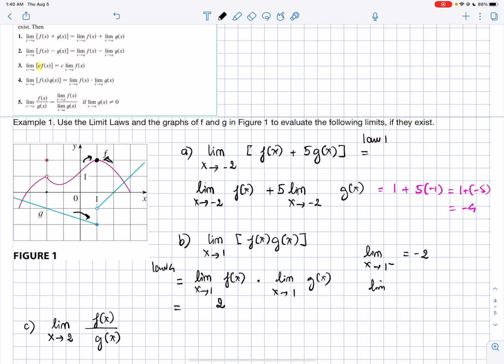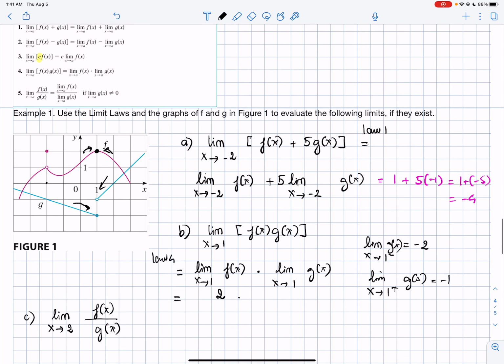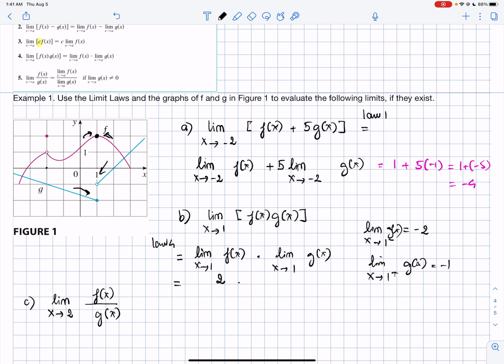And when we approach from the right side of 1 for the function g of x, the answer will be negative 1. So they are not the same. That means the limit of g of x when x approaches 1 does not exist. So for the whole thing, the answer is does not exist.